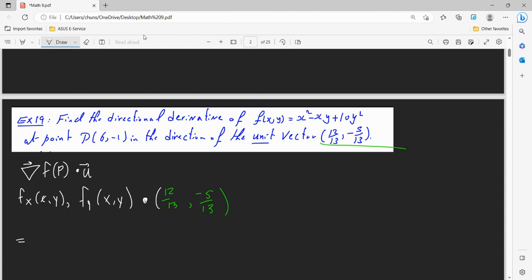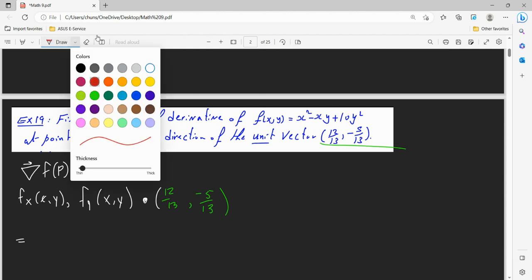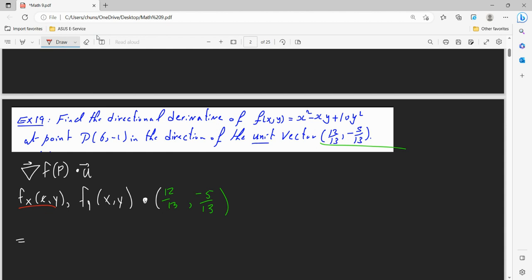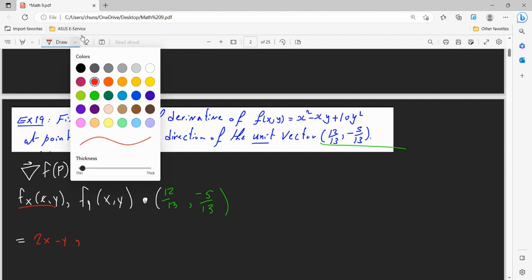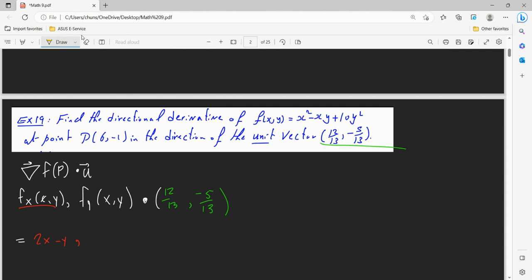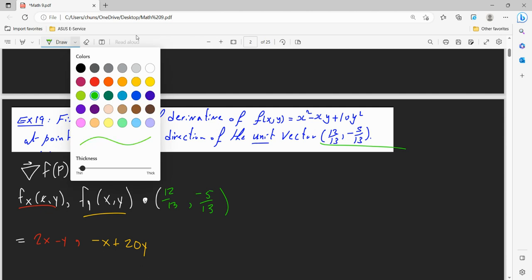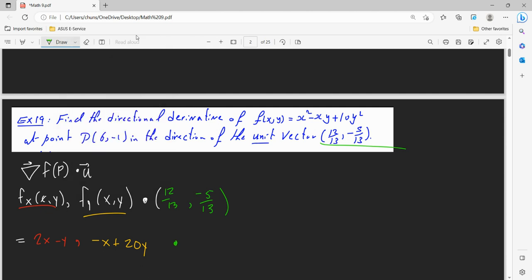This is equal to, so I'll do this one in red, 2x minus y in our first one. Then in yellow, I'll do the second one, and this is equal to negative x plus 20y. And this is with the dot product of our unit vector.